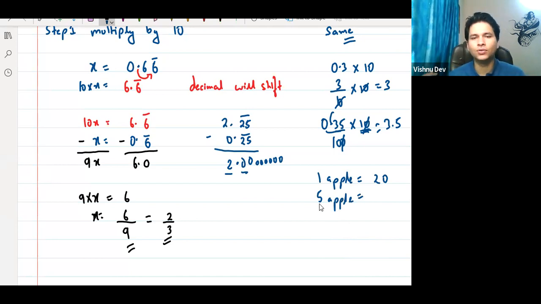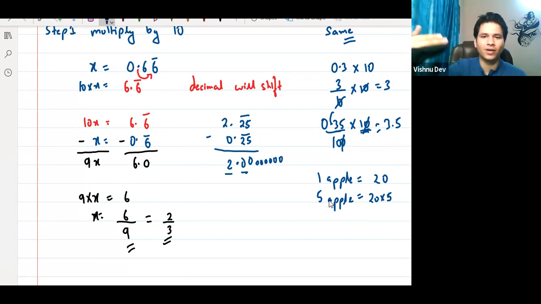You should relate everything with the simplest example. So it is 20 into 5. Yes or no? Right? 100 rupees. Correct. 100 rupees for 5 apples. Obviously it will be more. Think about it. If one apple is 20 rupees, then 5 apples will cost 20 into 5, 100 rupees.